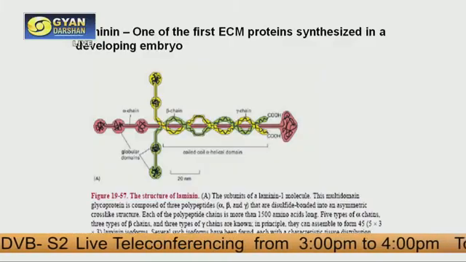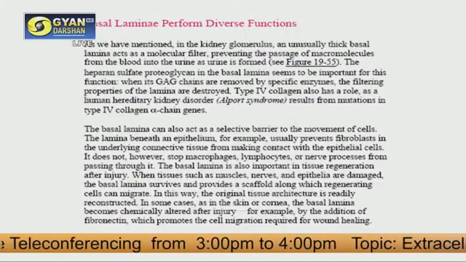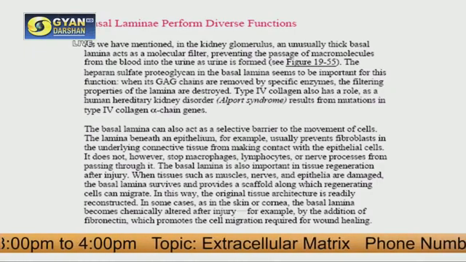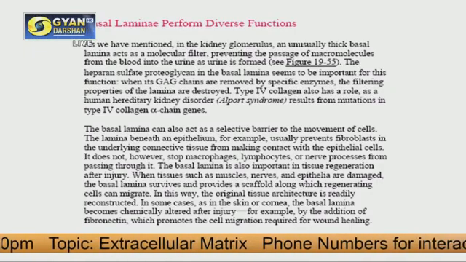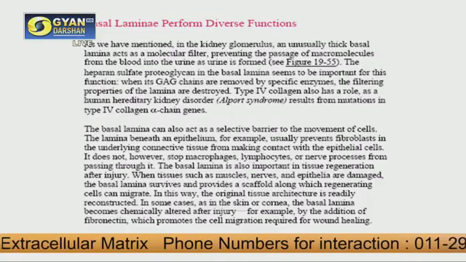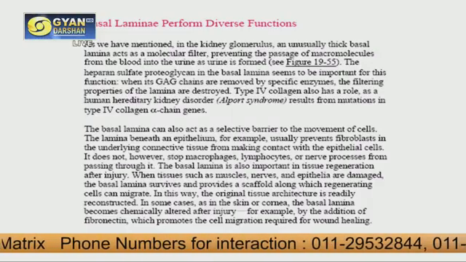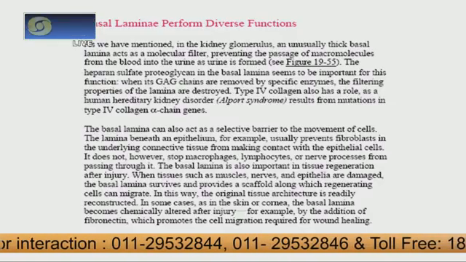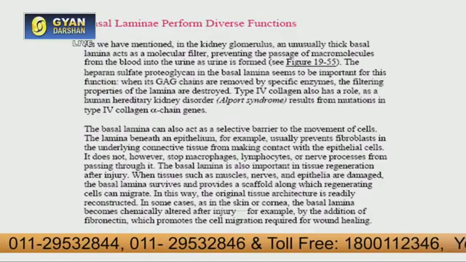So this is the structure, and then the basal lamina has diverse functions. For example, in the kidney glomerulus, an unusually thick basal lamina acts as a molecular filter, preventing the passage of macromolecules from the blood into urine as urine is formed.